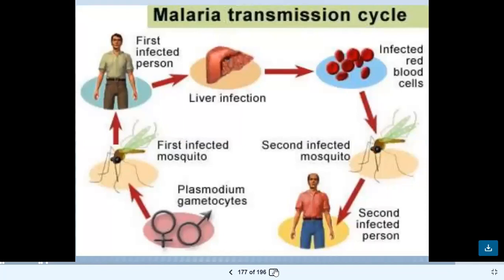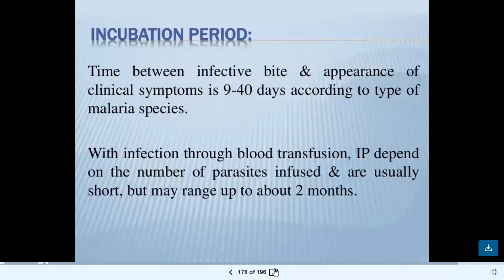The malaria transmission cycle, if we have to state it, is first the infected person, liver infection, infected RBCs, second mosquito infected, and now the second person gets infected.